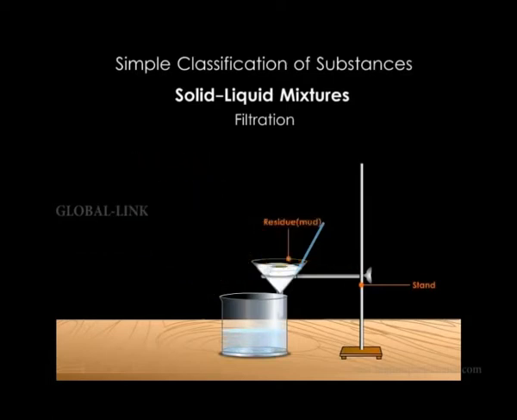The sand particles get trapped by the filter paper while the clear water sieves through and is collected in another beaker below the funnel. The clear water collected is called the filtrate, while the solid that is left on the filter paper is called the residue. This method is called filtration. One disadvantage is that it is a slow process.